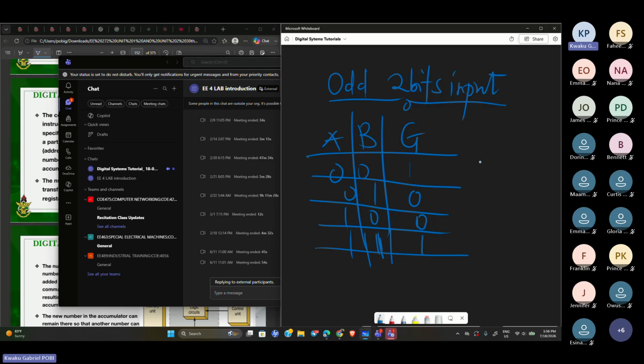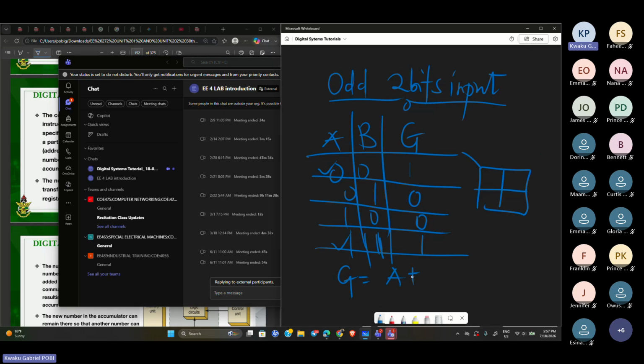So when you draw a 2-input schema for it, it's just basic, because when it's 0 0, the same bits give you a high. When it's the same bits, it gives you a high. Changing bits gives you a 0. And in digital systems, you know that if the bits are changing and it gives you a 0, and the bits are the same and it gives you a high, it's an XNOR.